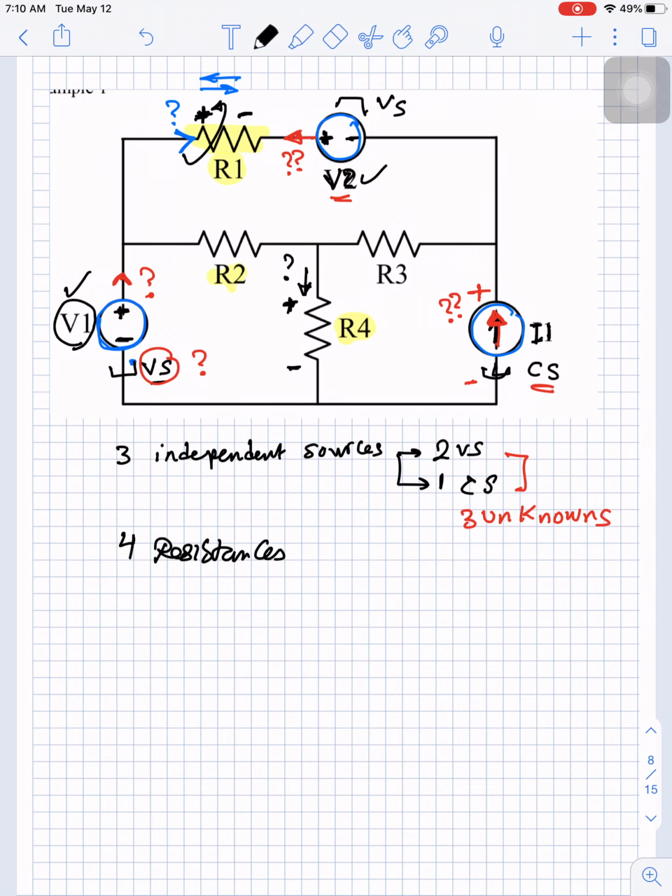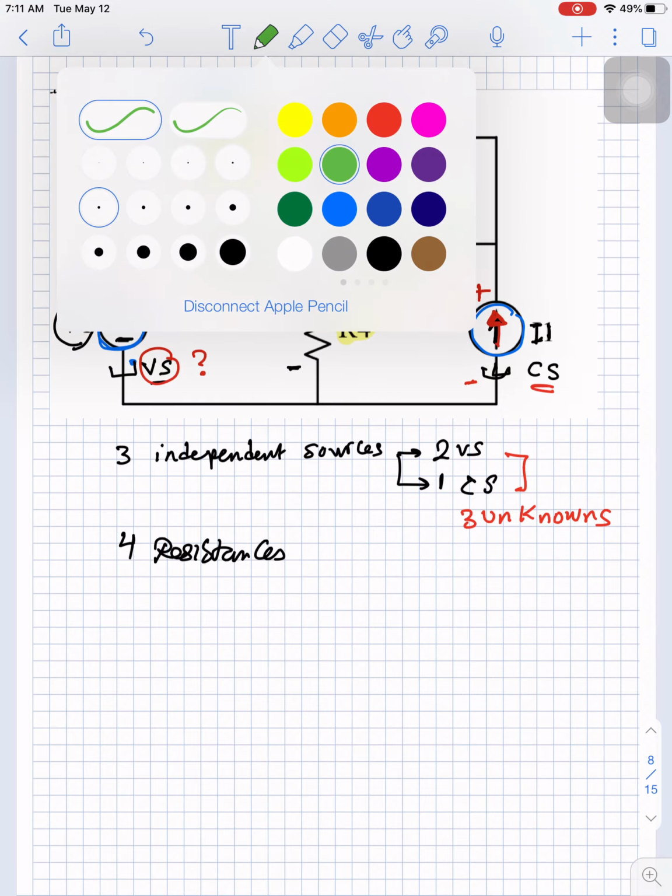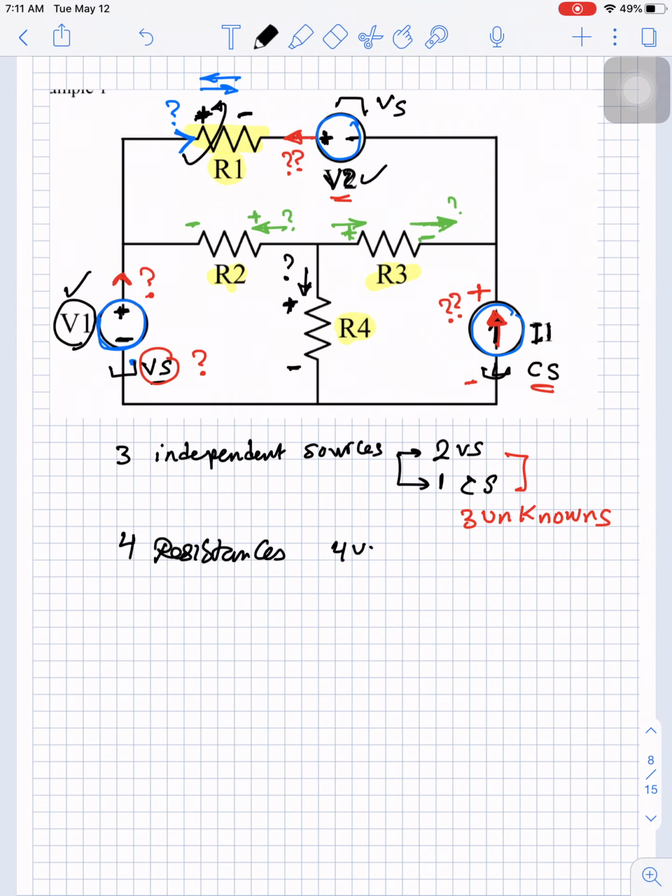Say I will assume, it's totally my choice, that the current is going in this direction, and the voltage will be positive, negative. For this resistance here, I will assume that the current is going in this direction, and this current is unknown. If the current is going this direction, the voltage will be positive and negative here, so the current is entering the positive. So how many unknowns do we have now? We have four unknowns.